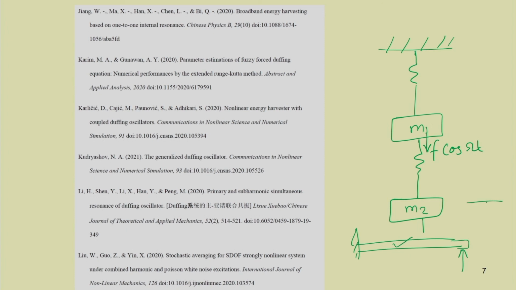For example, if we take the simply supported beam, one side is hinged and the other side is a roller support. So, this is a simply supported beam.